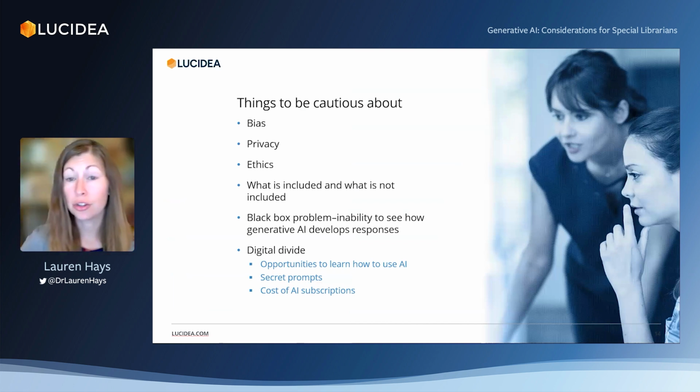But a few things to be cautious about. Generative AI has so much potential to help with a lot of things that we do, but there are certainly things to be cautious about. One is bias. This can be everything from, if you ask for an image of someone who works in a particular field, and then the image back gives you a male or a female, just based on historical trends and stereotypes.